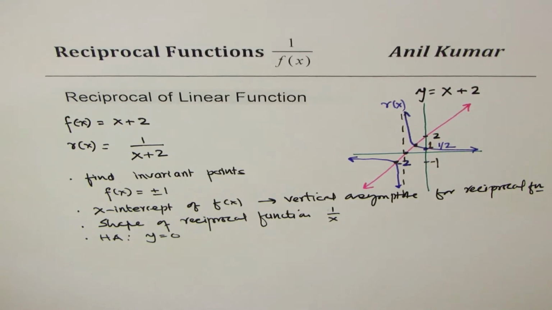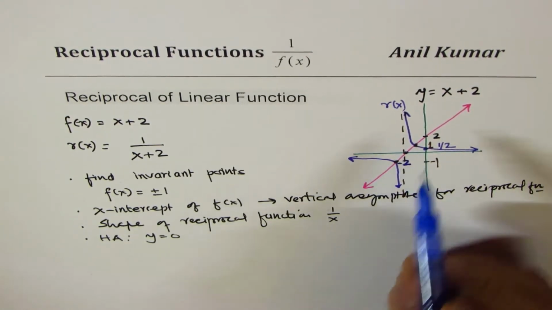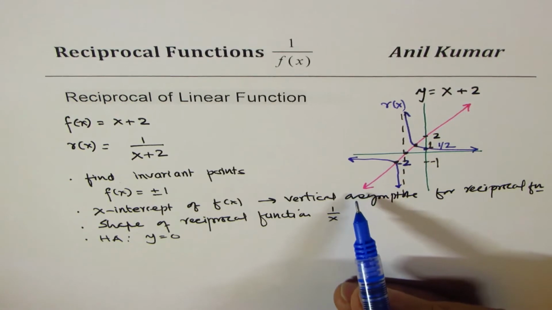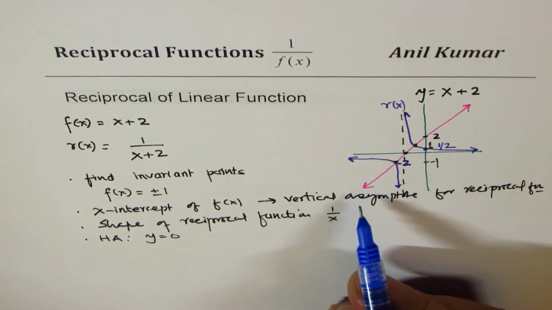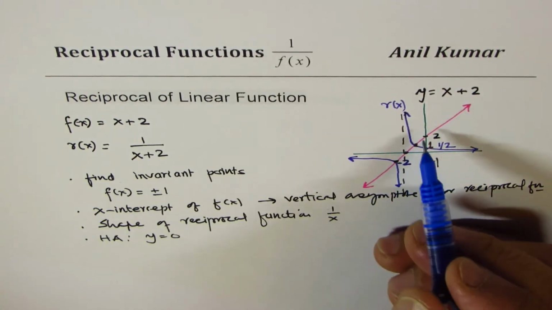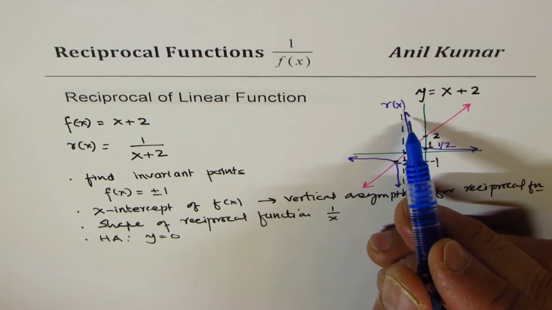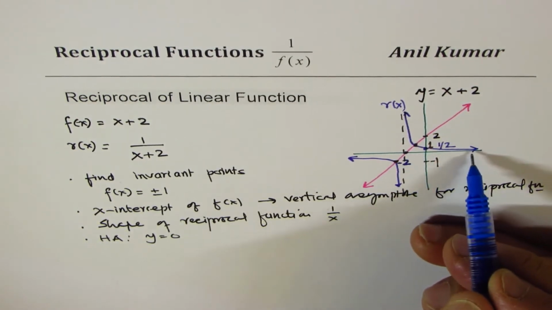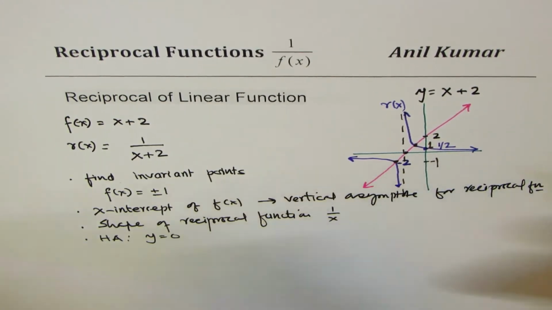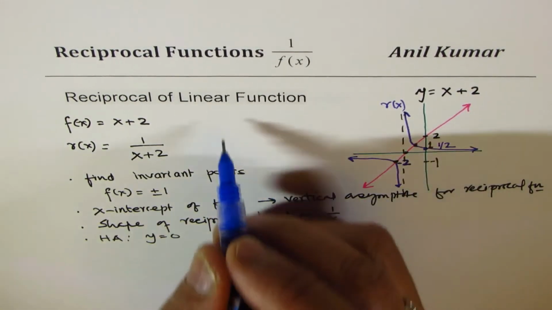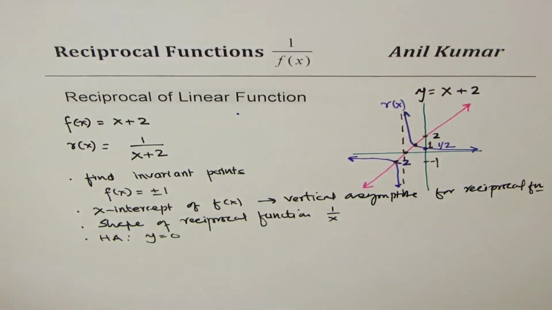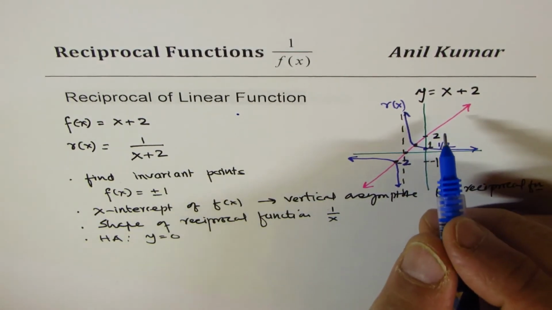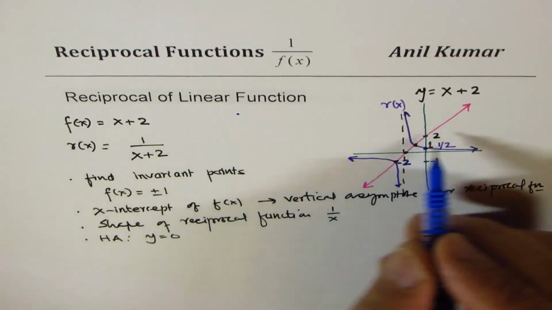Perfect. Now let me write down the characteristics of the linear function which we have drawn here. That you know, but the characteristics of the reciprocal of this function, r of x, which you see here, right? So let's write down the characteristics. What we see here is that we have end behavior.